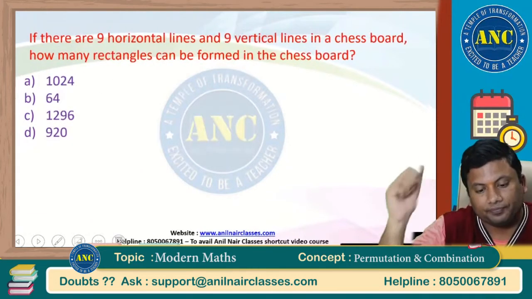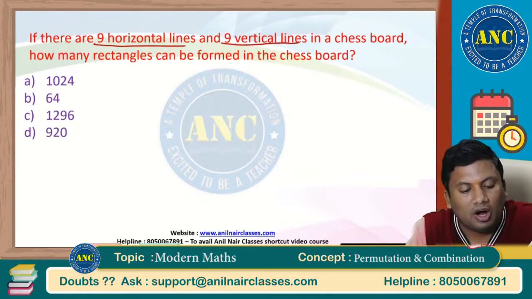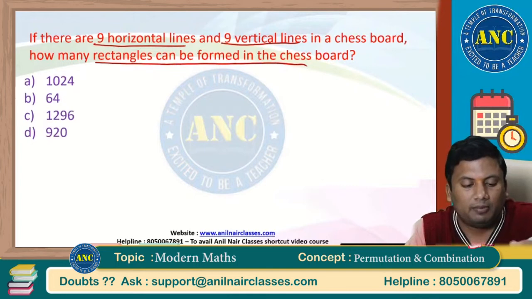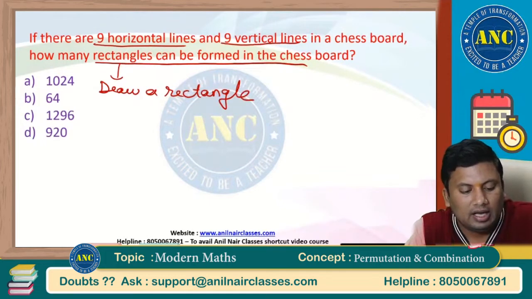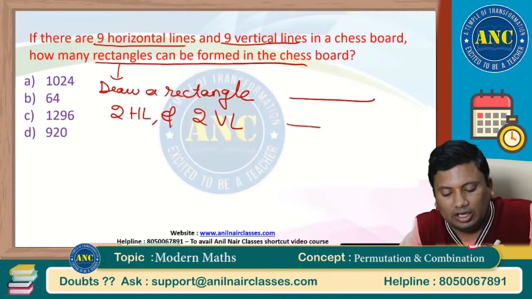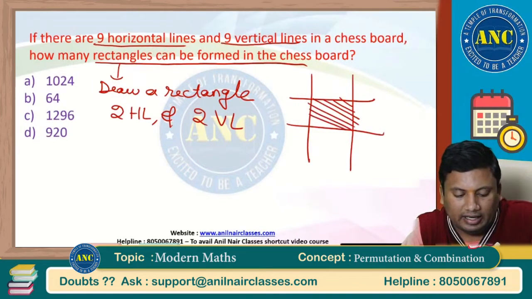There are 9 horizontal lines and 9 vertical lines in a chessboard. How many rectangles can be formed in a chessboard? To draw a rectangle, I require 2 horizontal lines and 2 vertical lines. Any 2 horizontal lines and any 2 vertical lines, I will get a rectangle.